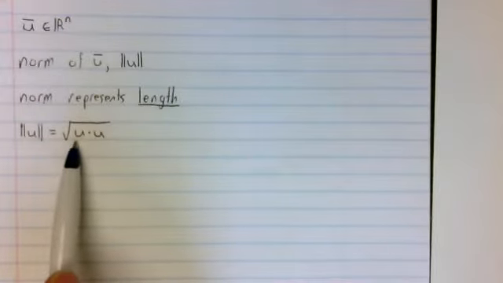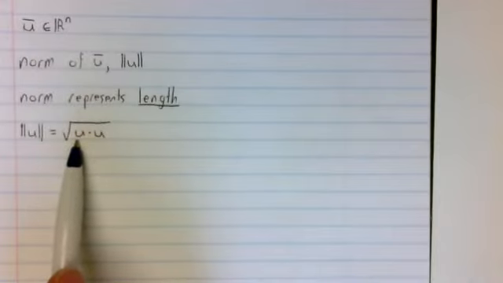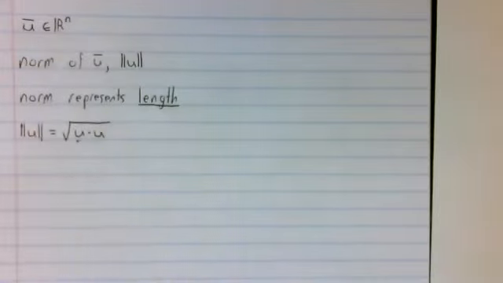Secondly, we said that the dot product of a vector with itself is always non-negative. Now you can see an application of that. That fact ensures that this square root is a real number.